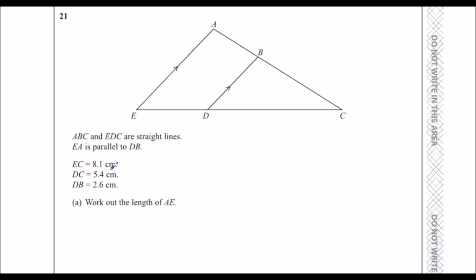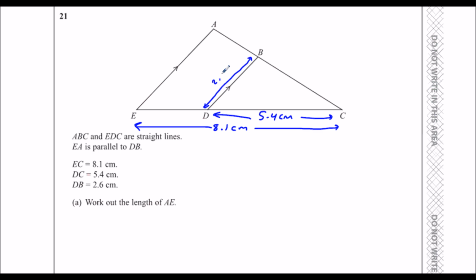E to C is 8.1 centimeters the whole way. D to C is 5.4 centimeters. And D to B is 2.6 centimeters. Work out the length of A to E.